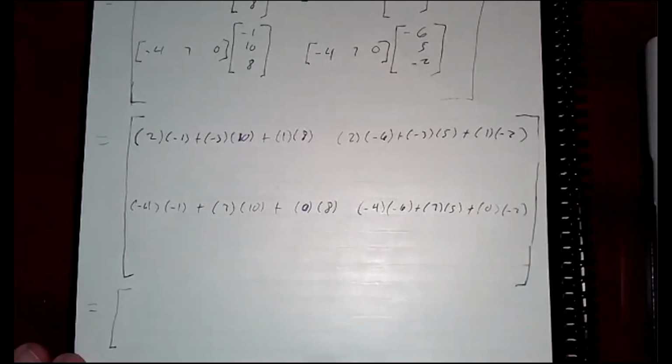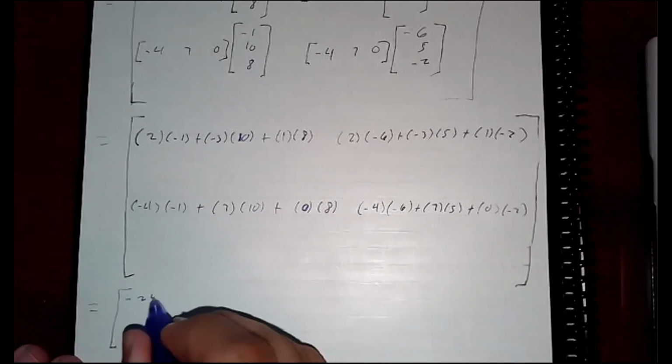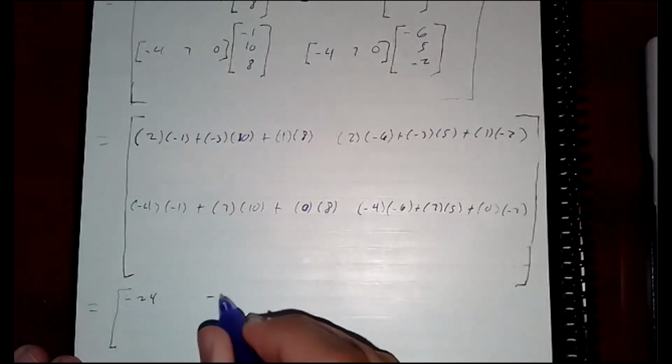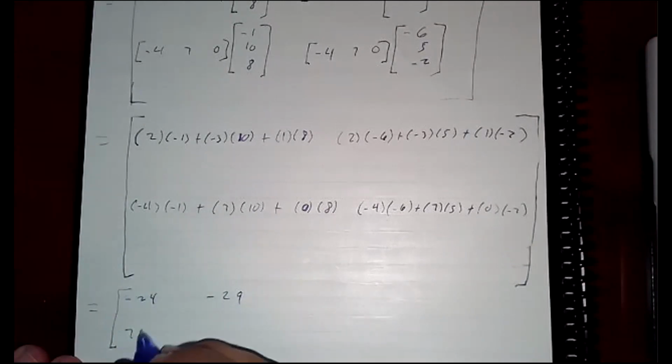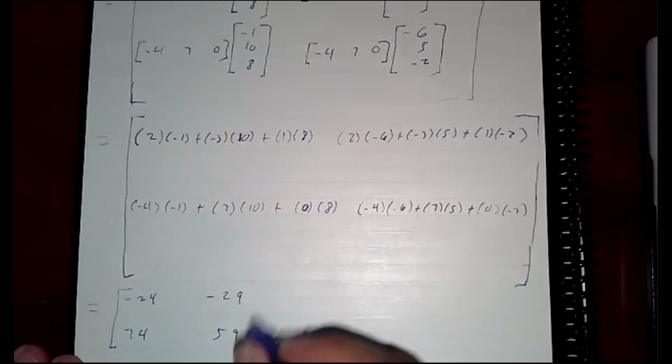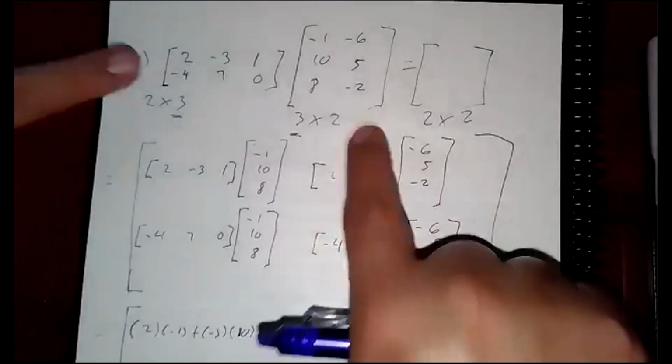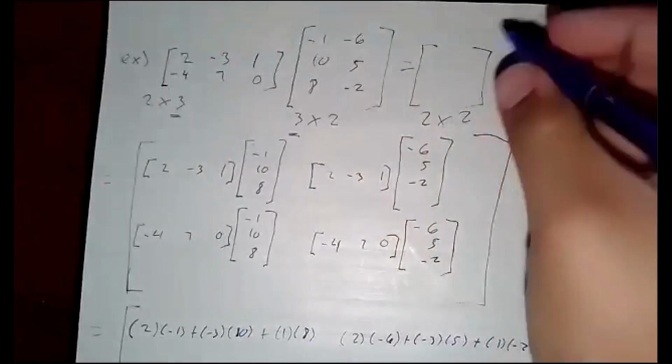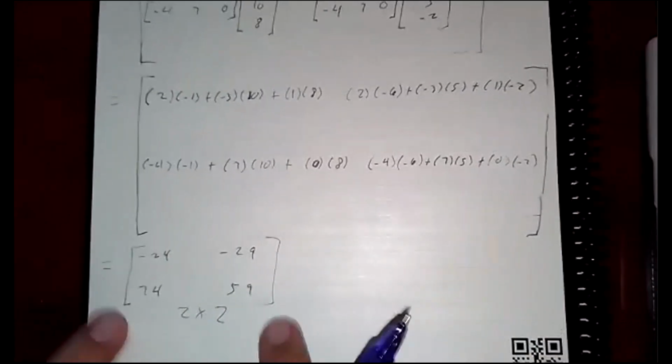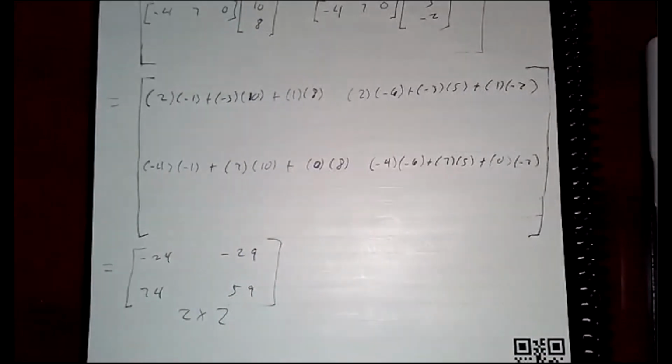So you're going to get -24, -29, 74, and 59. Like we said, that'd be a 2 by 2. So multiplying these two matrices, I will get a result of this. Okay? But you can see how that can be a little bit of a pain. It's not that fun.